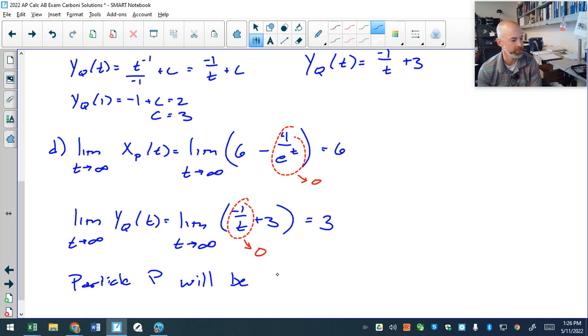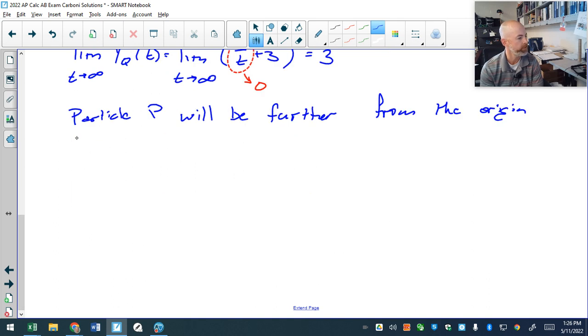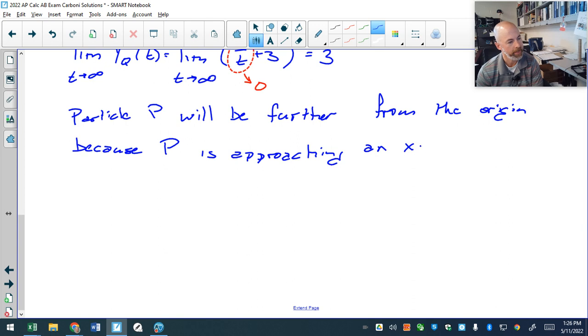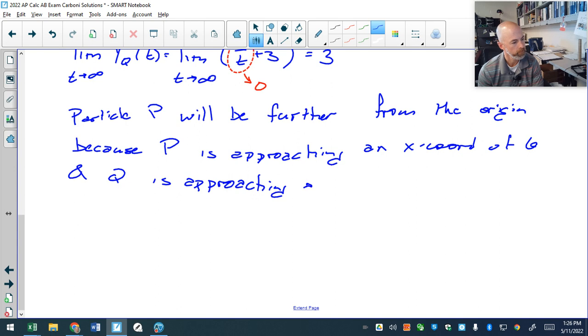That is horrible penmanship. Further from the origin, because p is approaching an x-coordinate of 6, and q is approaching a y-coordinate of 3.